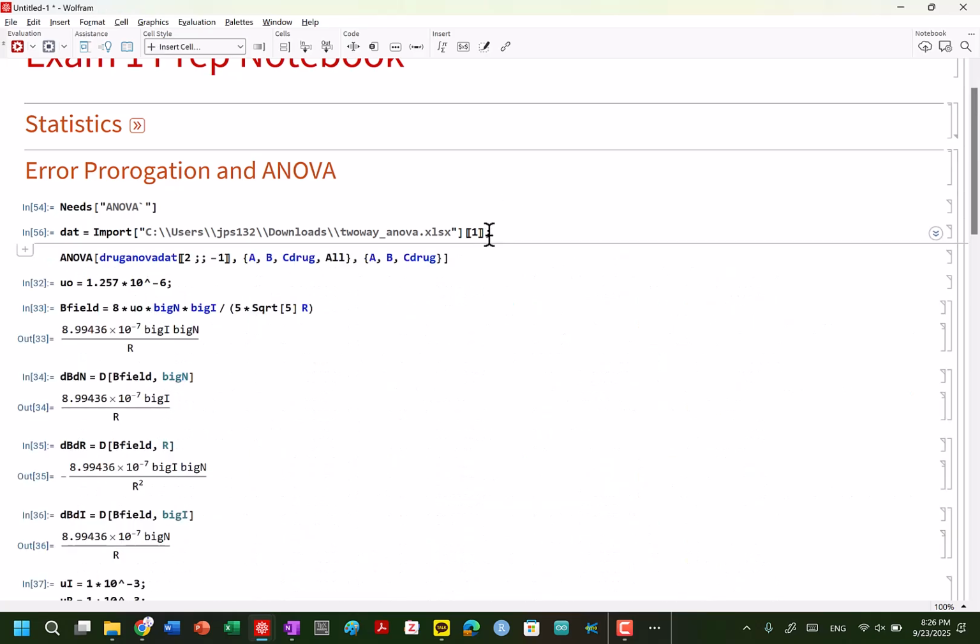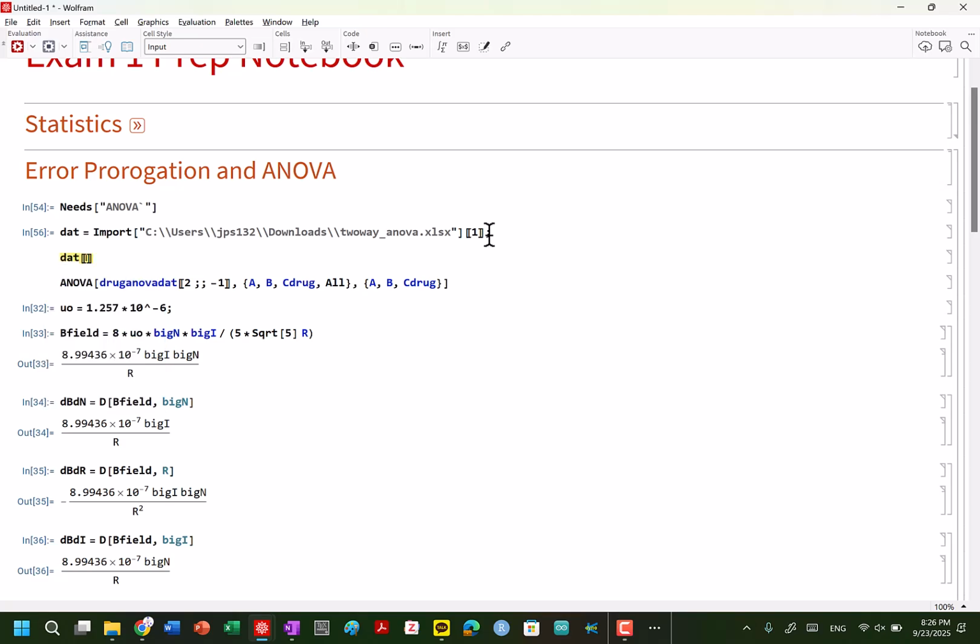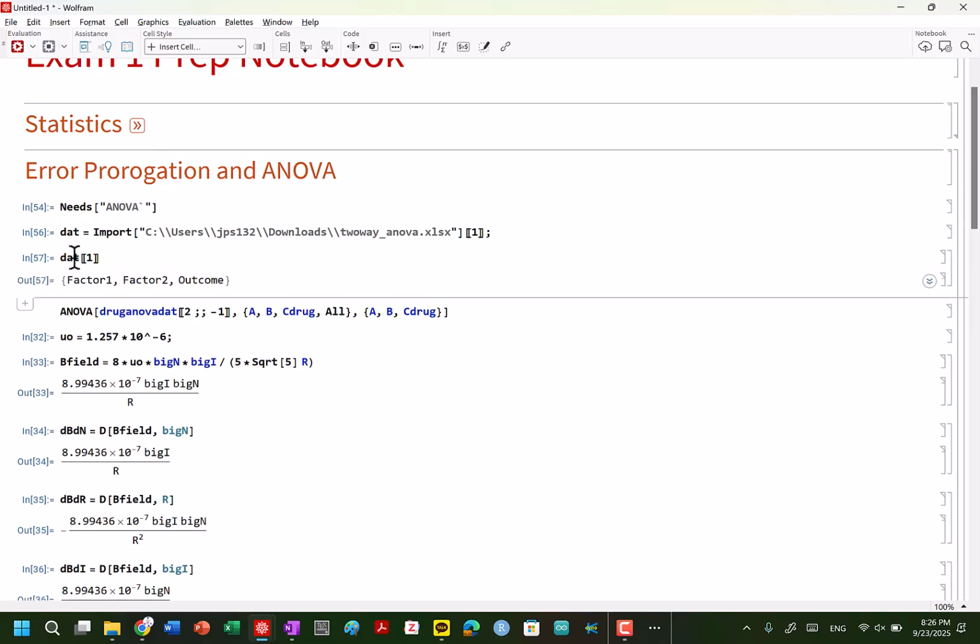So before I even run this, remember we can do DAT. I'm going to say, give me from 2 to -1. So give me the second row to the end. And actually, the first thing I want to look at is the first row. Factor 1, factor 2. So variable 1, variable 2, and then our outcome.